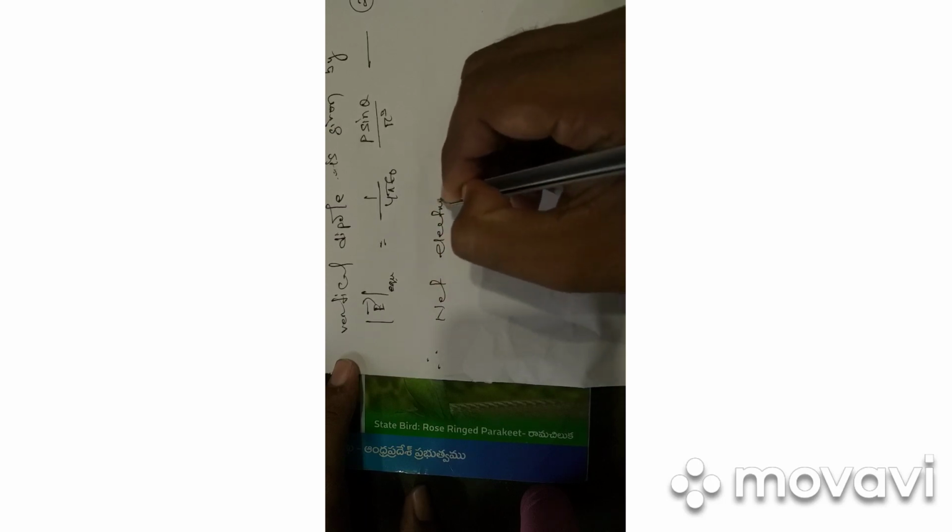Therefore, net electric field intensity at point P is given by E vector equal to, here the direction of dipole moments of that vertical line is along that way, but the electric field intensity of vertical direction or equatorial line is opposite to that of dipole moment.